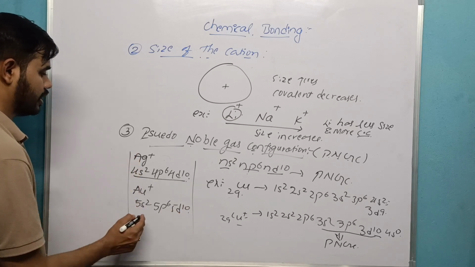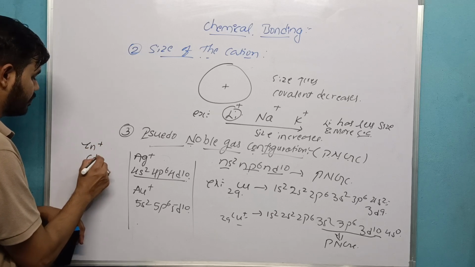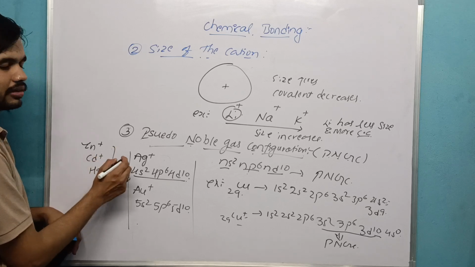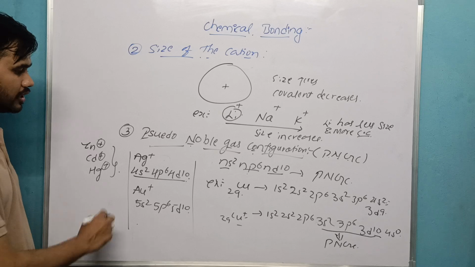Another thing, zinc, cadmium and mercury, these 3 also have cations. Cation means it has a positive charge, right?